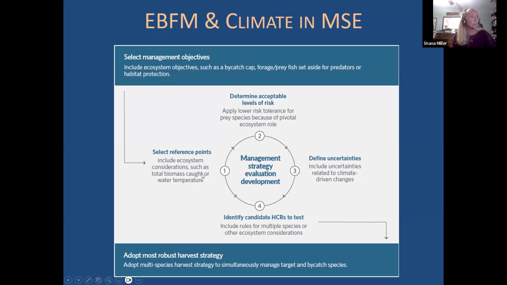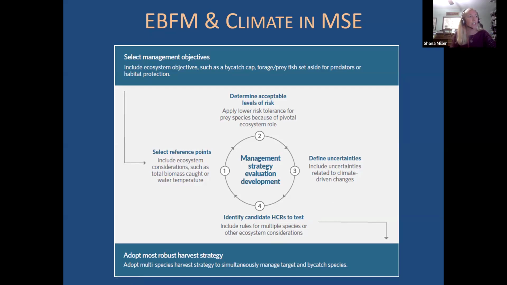You can set reference points such as a water temperature that you want to watch out for, determine acceptable levels of risk. Maybe you want lower risk tolerance for, say, a herring, which is a very important prey species. You can include climate change driven uncertainties when you're defining your operating models. And then maybe you would do multi-species HCRs for stocks that are caught in the same fishery and in multi-stock fisheries.